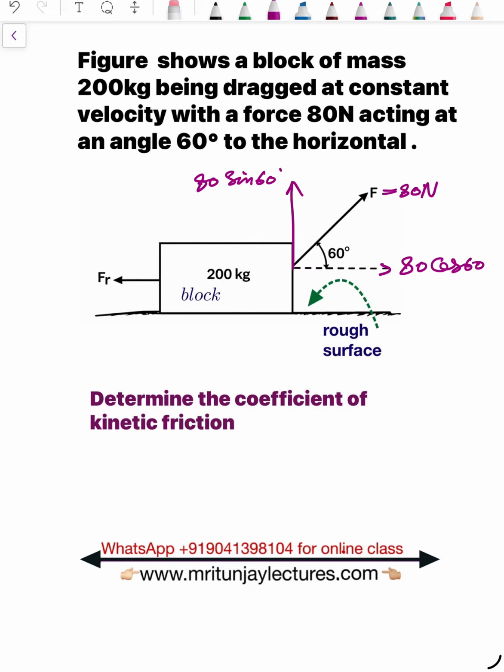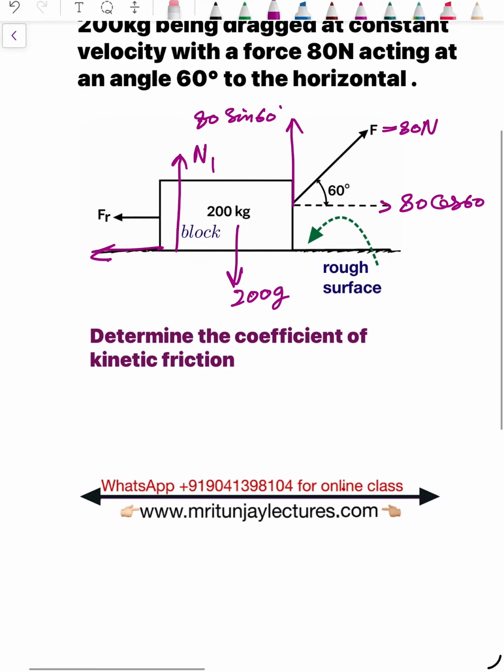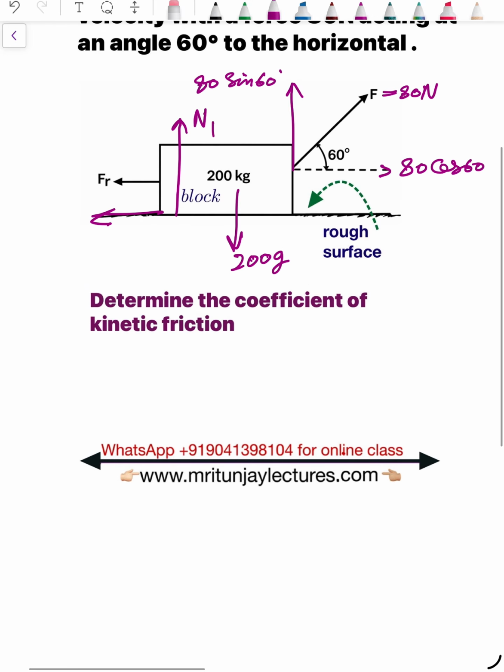Okay. And here, the frictional force acts in this direction. Fk is given. Mg acts downward, so how much? 200 into g. Normal force acts in the upward direction. This is N1. Clear? Now, first of all, our target is the coefficient of kinetic friction, basically mu k.